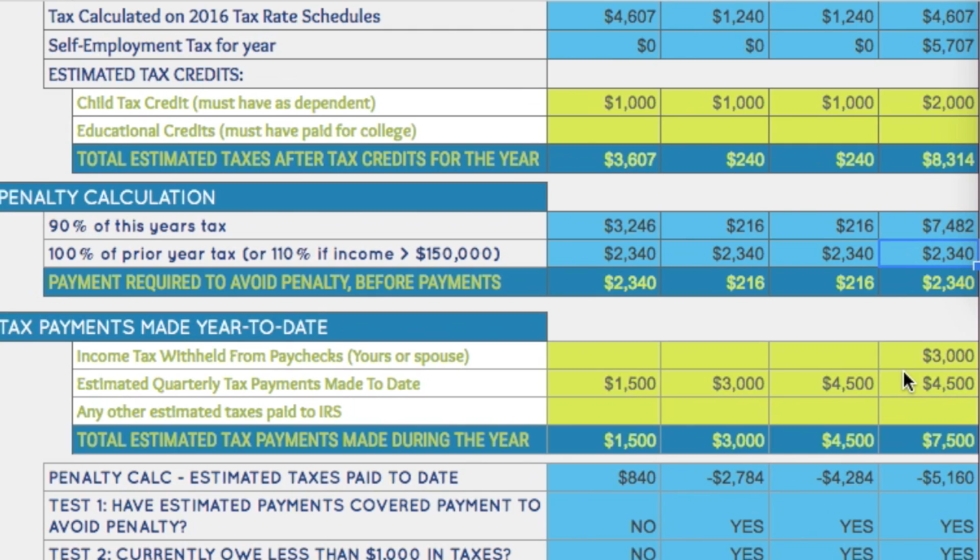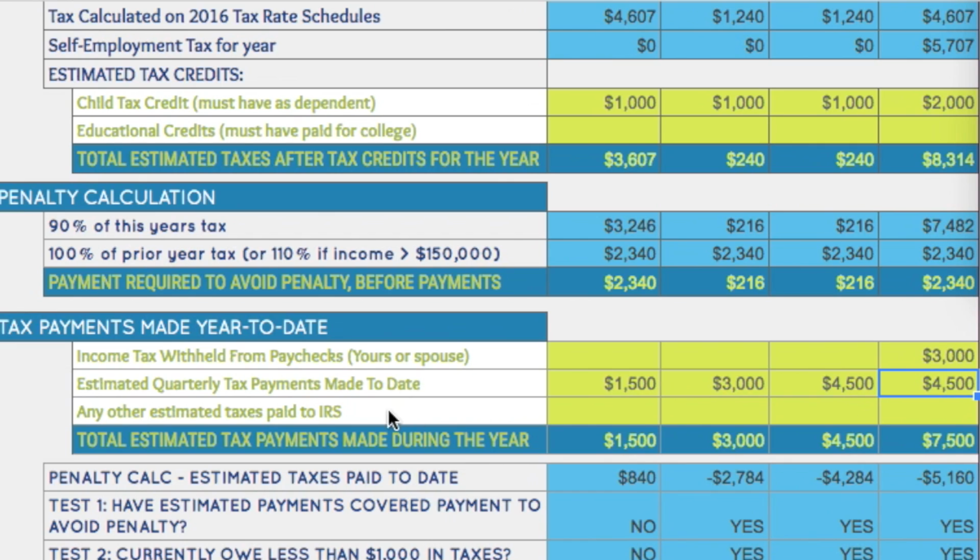So 2,340. And that percentage goes up if your income is over 150,000. But the spreadsheet takes care of it. Don't worry about it. So regardless of how much this person makes this year in this example, they only need to pay $2,340 in total to avoid a penalty.